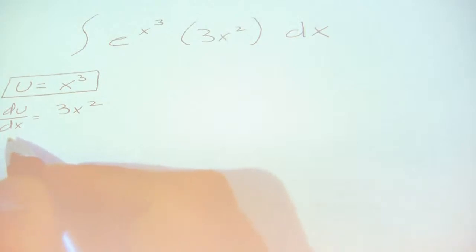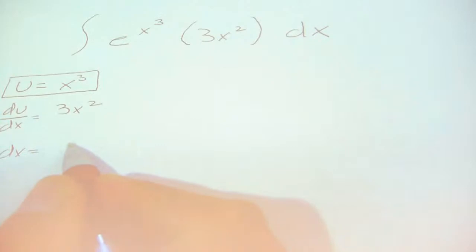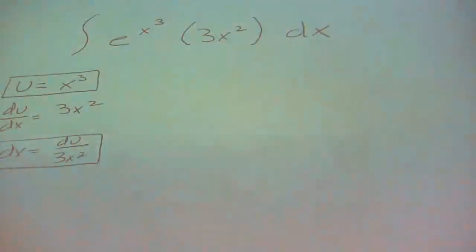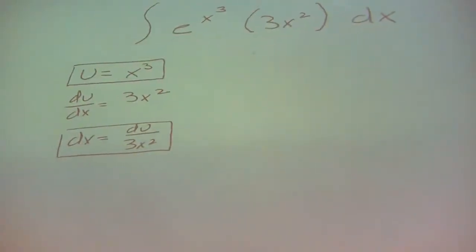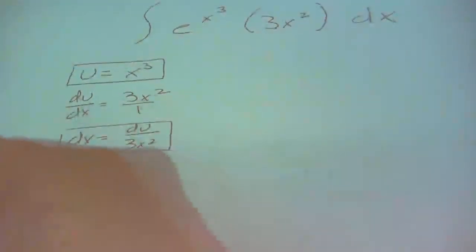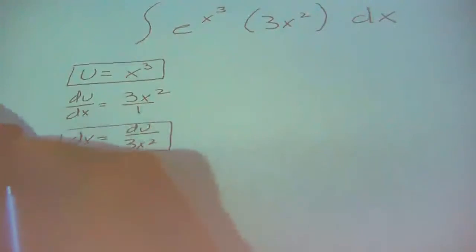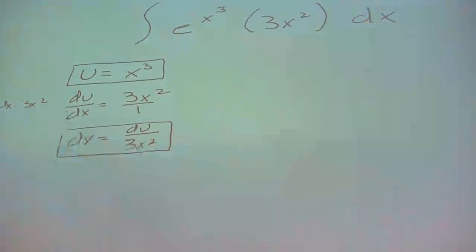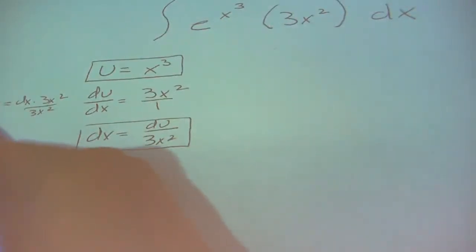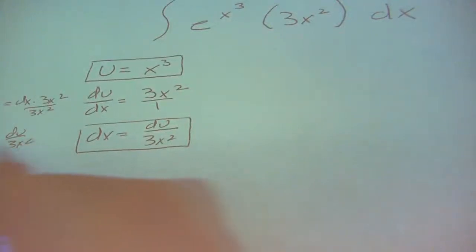So let's see if we can use the shortcut real quick. What is dx going to equal? du over 3x squared. Now, again, I will do the algebra one more time. But after that, I want you to see the shortcut. The algebra is, this is over 1, cross multiply, du equals dx times 3x squared, then divide by 3x squared, you get dx equals du over 3x squared.